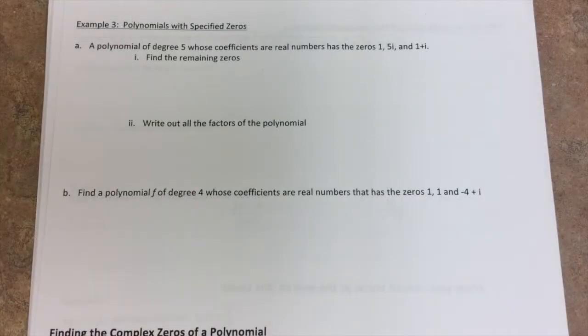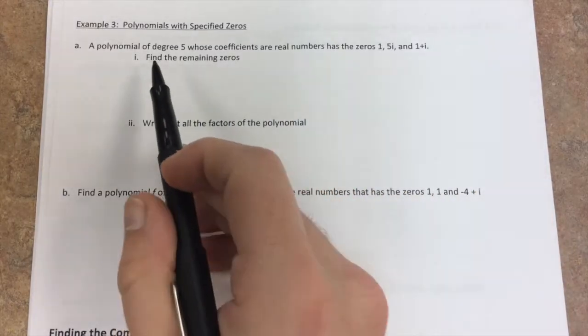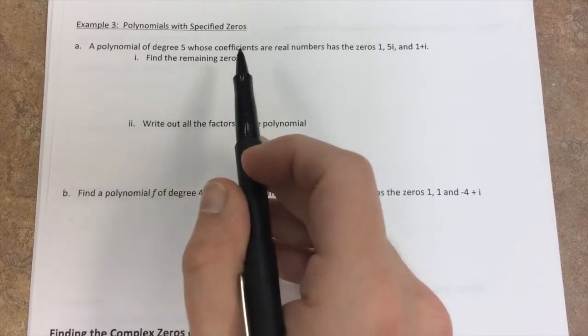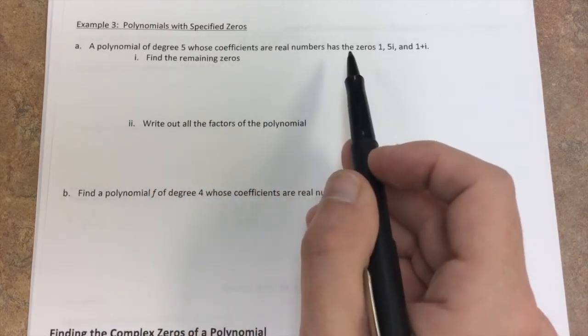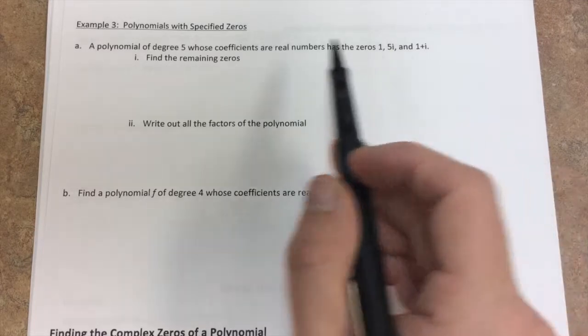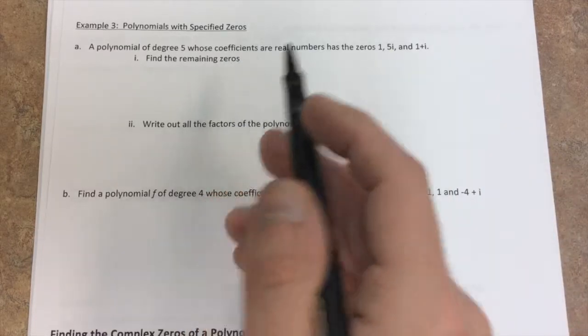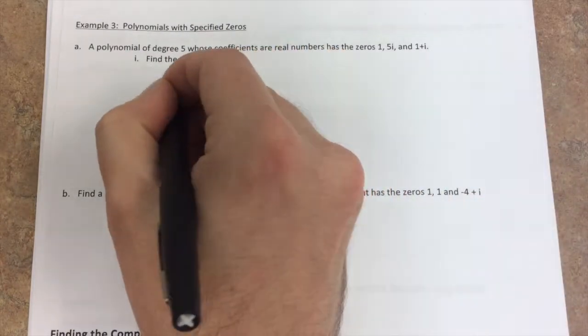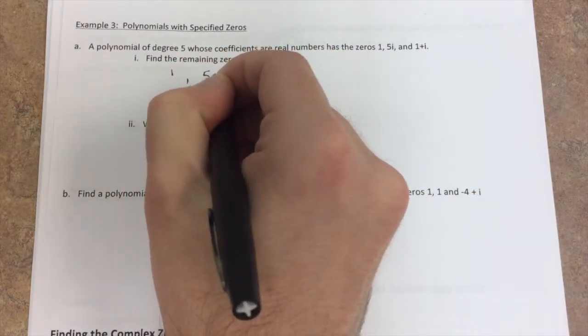So example 3, we're going to be assembling different polynomials, and then we're going to expand it all out. So we have to do a little algebra. So this says, for a polynomial of degree 5 whose coefficients are real numbers and has zeros 1, 5i, and 1 plus i, find the remaining zeros. So our zeros so far are 1, 5i.